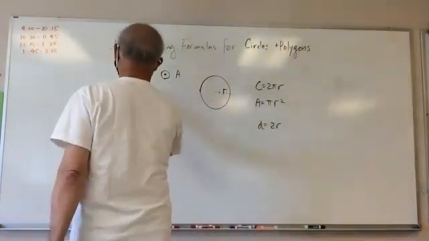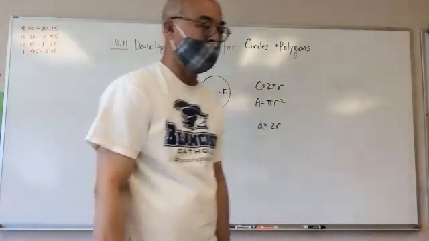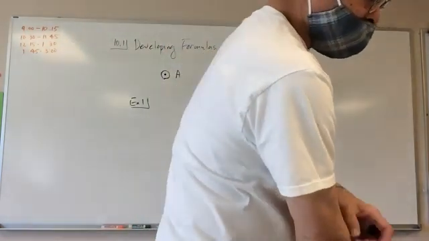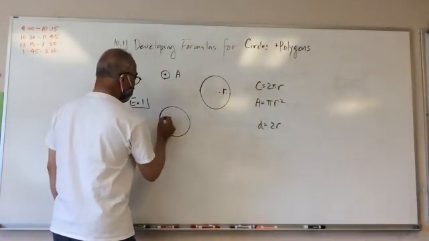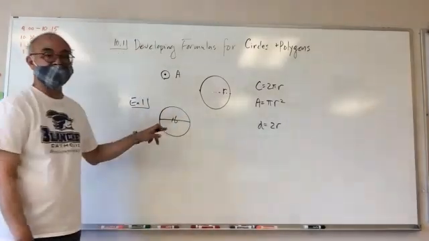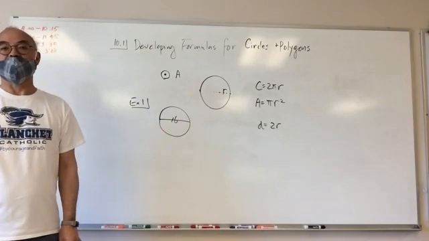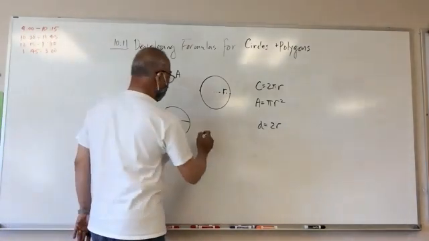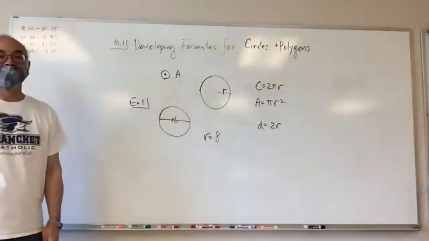Example number A. Number 1. Find each measurement where they're giving you the 16 there. What is the 16? Which one is this? Is this the radius? Huh? It's a diameter, right? This is the diameter. So therefore, the radius must be half of that.